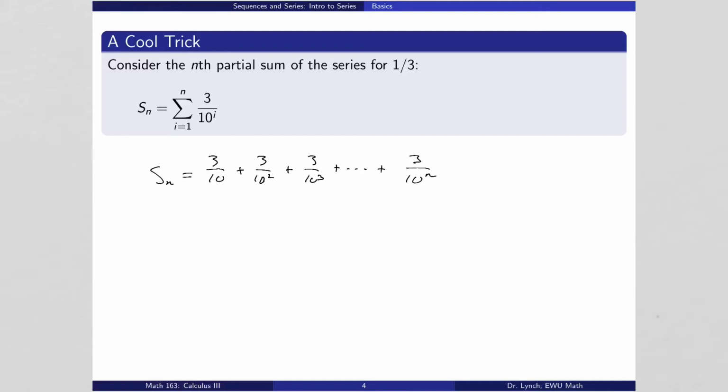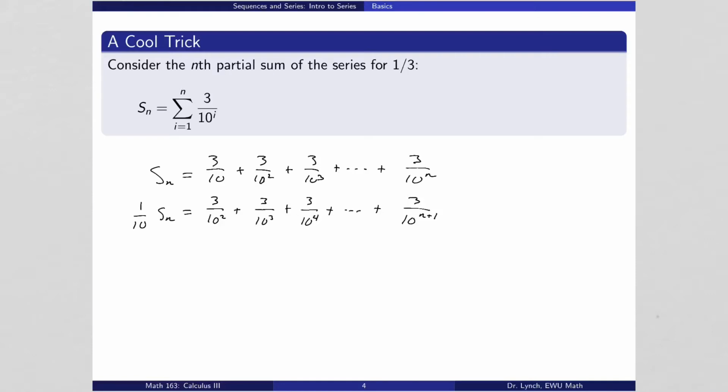Now, the trick here is that instead of looking at the nth partial sum, we'll look at 1/10 times that nth partial sum. I think you'll agree that 1/10 times that nth partial sum is 3/10 squared plus 3/10 cubed plus 3/10 to the fourth, and so forth. And this time, instead of the last term being 3/10 to the n, the last term is going to be 3/10 to the n plus 1.